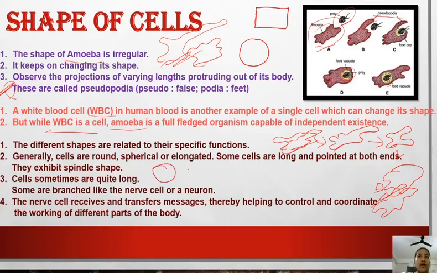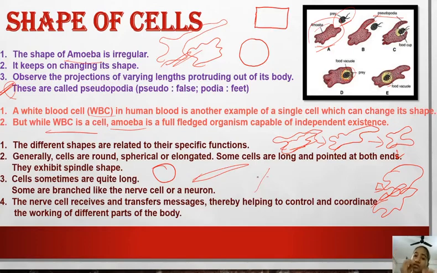Many are round, some are in other manners. Cells sometimes are quite long. Some are branched, like the nerve cell or neuron. I'll be showing its image also. It's quite long and branched.